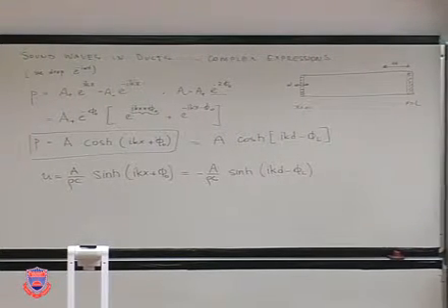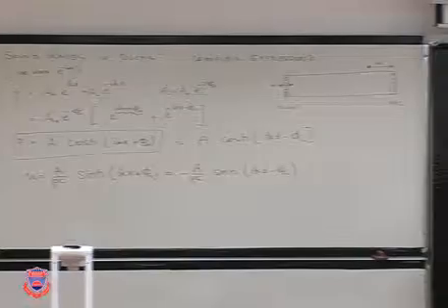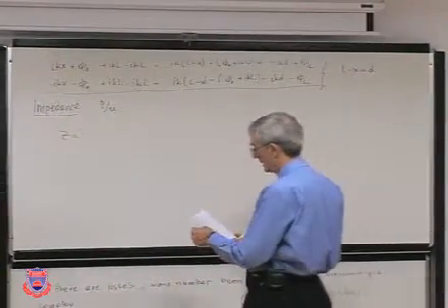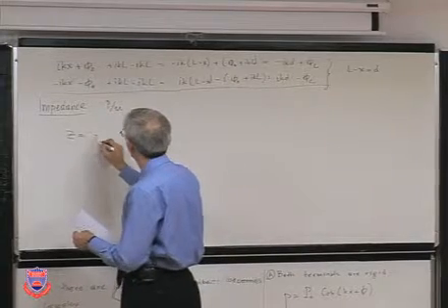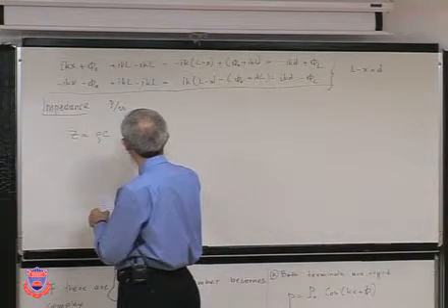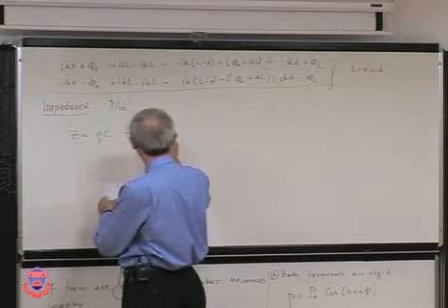If you divide pressure by the particle velocity, then you would have tangent hyperbolic.